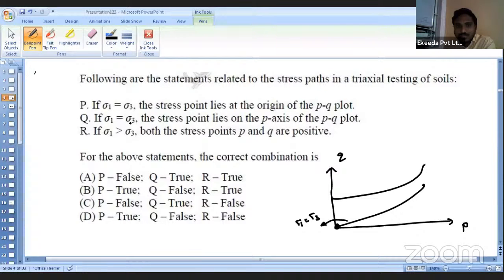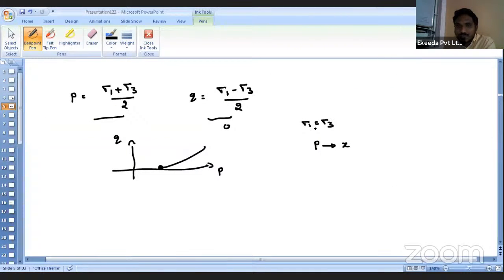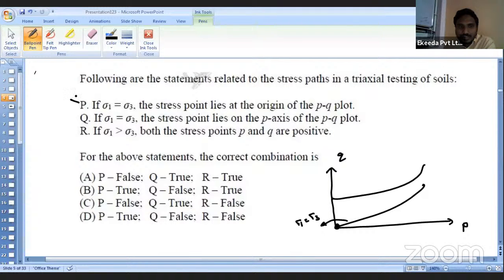If sigma 1 equal to sigma 3, the stress point lies on the P axis of the PQ plot. By this curve we can show that it is lying on the x-axis, that means on the P axis. So the first statement is wrong and the second statement is correct.